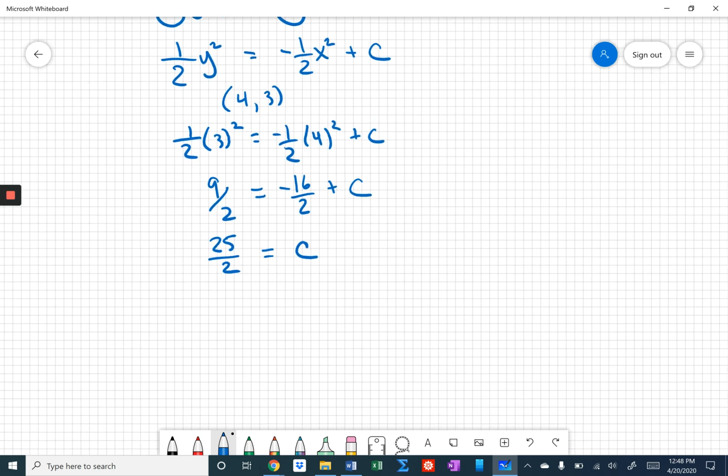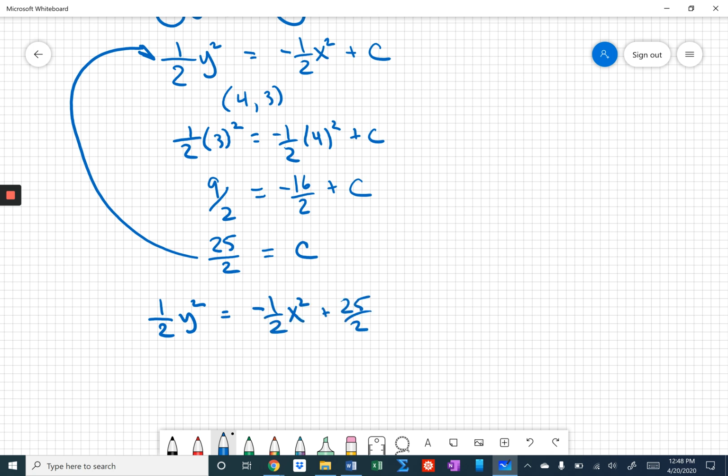And so I'll plug that back into this equation: 1/2 y squared is equal to negative 1/2 x squared plus 25/2. Clear the fractions: y squared equals negative x squared plus 25.